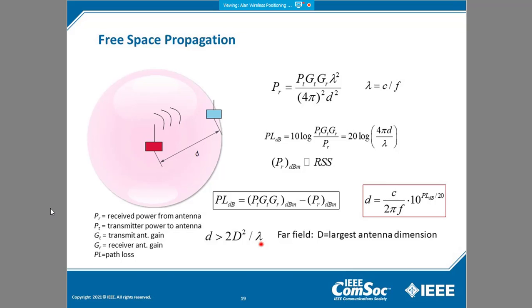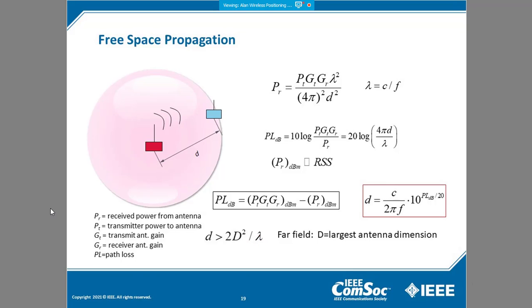wavelengths, which may be at gigahertz frequencies. We see that the distances for the antenna being in the far field would be only multiple tens of centimeters at the least. And also note that this is a rule of thumb type of limit, and there is no direct boundary between far field and near field, but this gives you an indication of how you can start using these formulas depending on the distance between the transmitter and receiver.